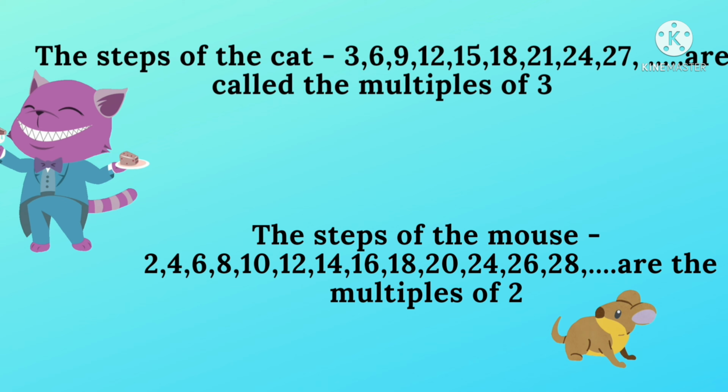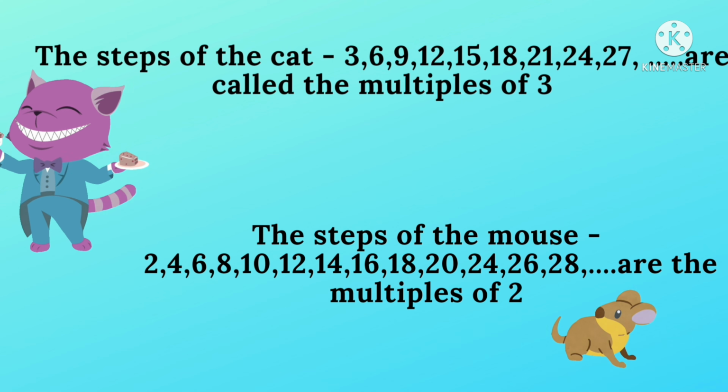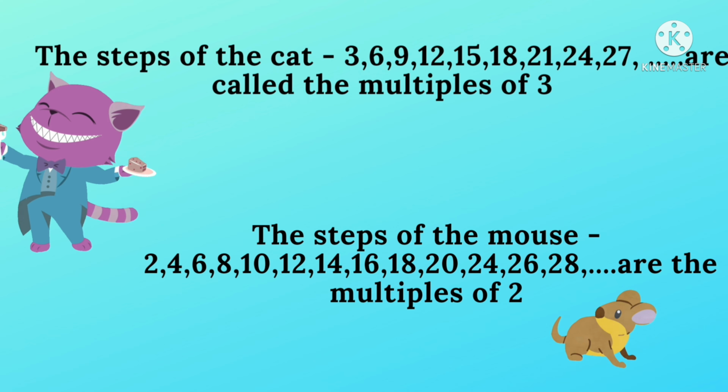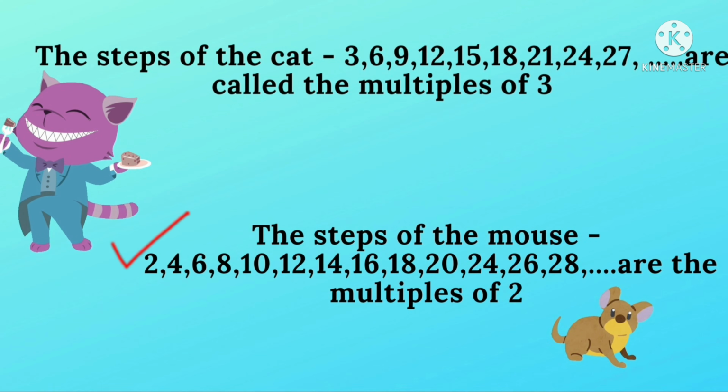So all the steps of the cat, that is 3, 6, 9, 12, 15 and so on, come in the table of 3 and are called multiples of 3. And similarly, the steps of the mouse come in the table of 2 and are known as multiples of 2.